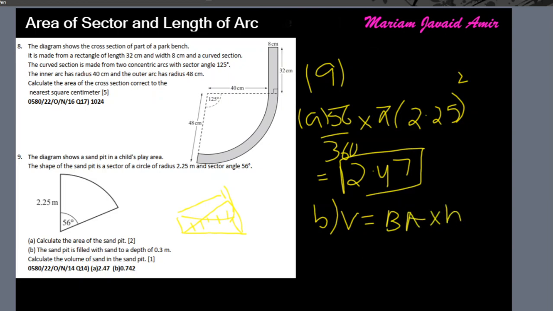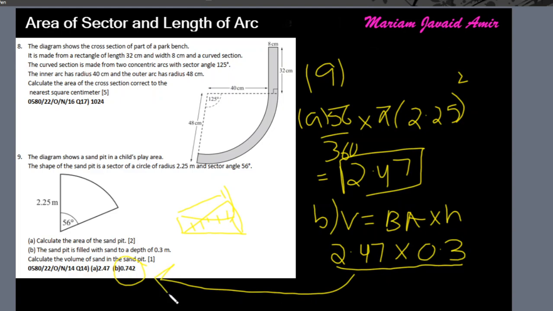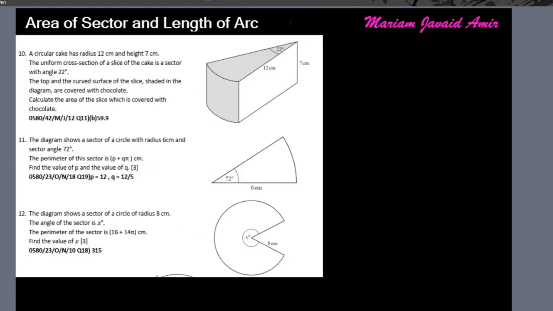Base area is 2.47 meter square times height, which is 0.3. The depth is 0.3. So this will give you this value, rounded off to 3 significant figures.